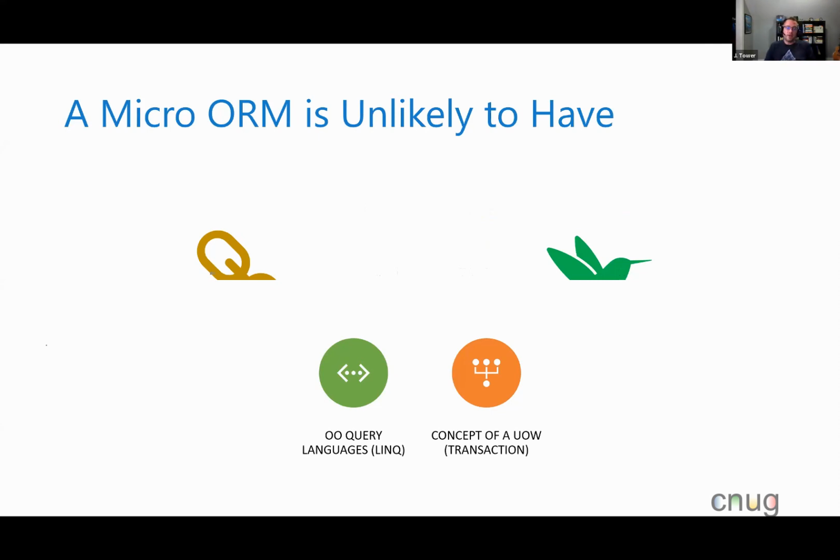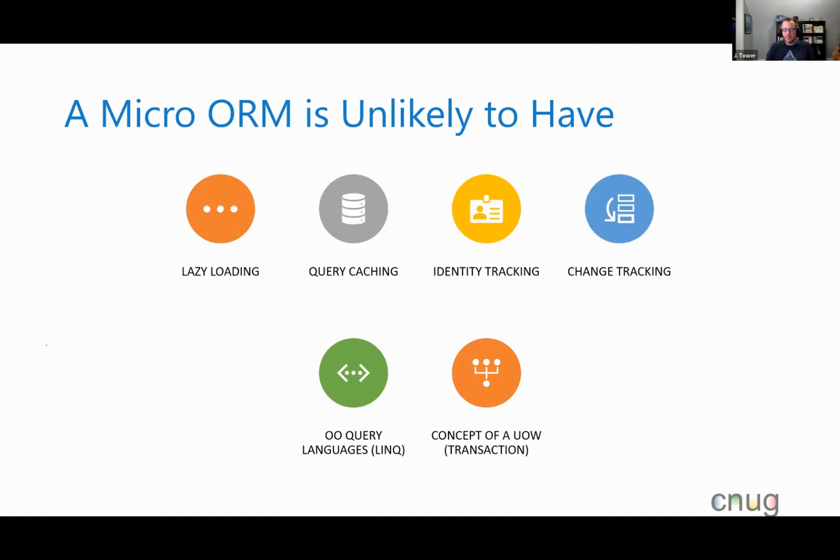Identity tracking: if you run a couple different queries that pull the same order object into memory within the same context, the second one may actually just reuse the existing one that you already have, depending on some other characteristics of how you're doing it. Change tracking we talked about, basically dirty flags on fields, which objects have changed, which ones need to be inserted, which ones need to be updated or deleted.